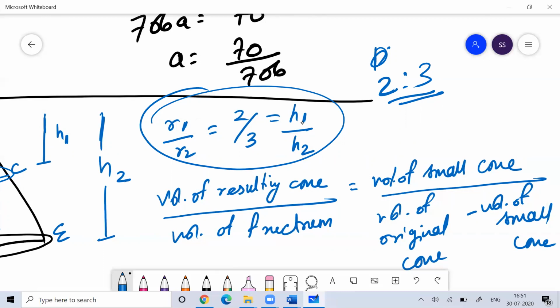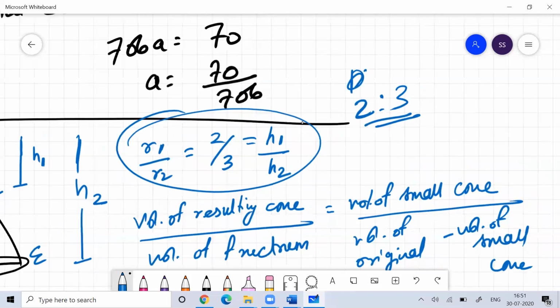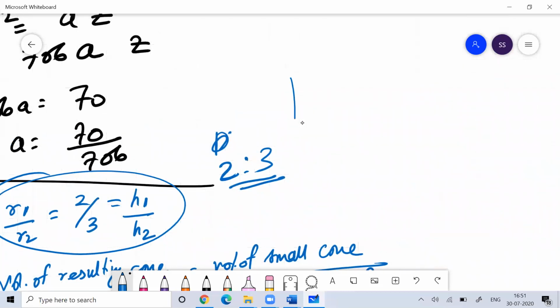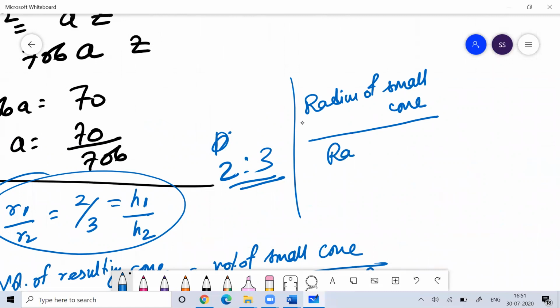The radius of the small cone divided by the radius of the big cone, or height, all are in the same ratio, 2/3.